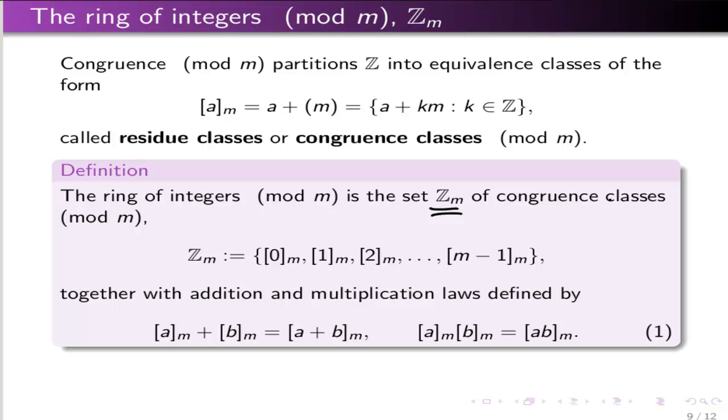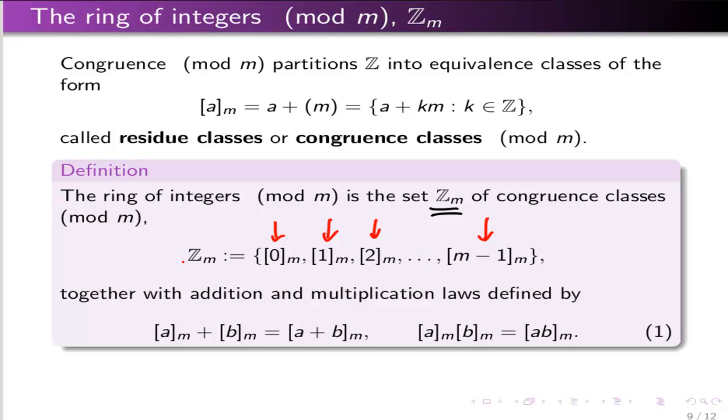Well, how many different congruence classes are there? Every integer is either congruent to 0, to 1, 2, all the way up to m minus 1. So altogether we get m different classes, equivalence classes, or congruence classes, and we just use the bracket notation right here.